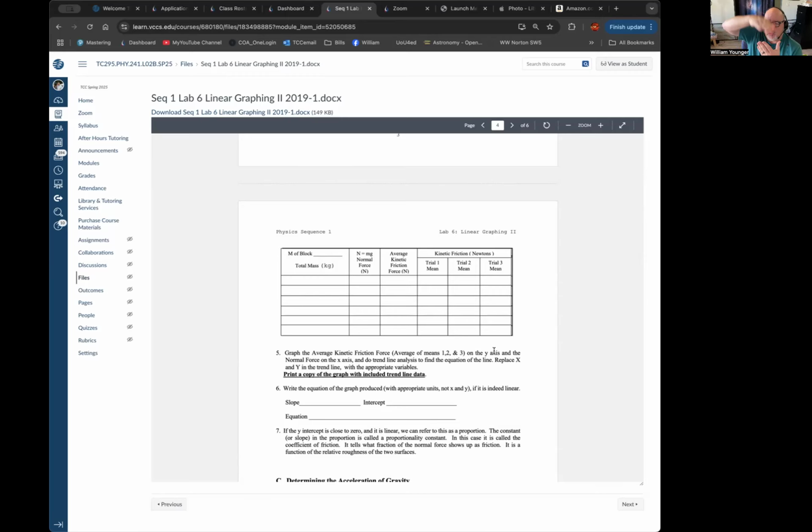But if you're imagining the y-axis pointing up and down and the x-axis pointing left and right, and the surface is level, then as you're pulling at a constant velocity, you do not expect this y-coordinate to change. And since it's not changing, that means y is a constant.